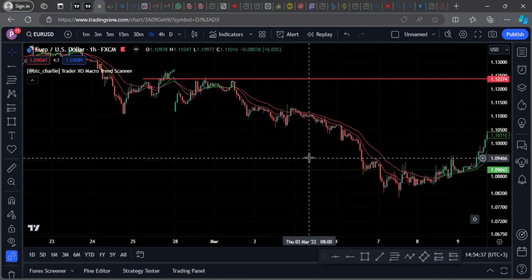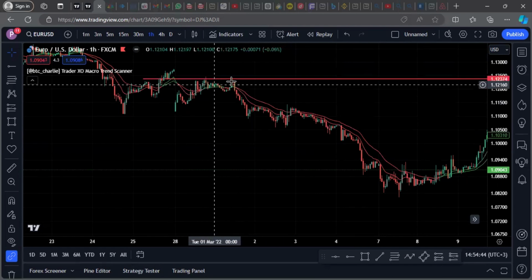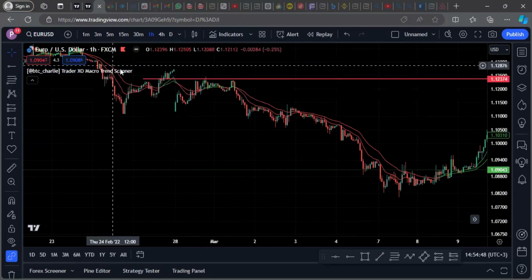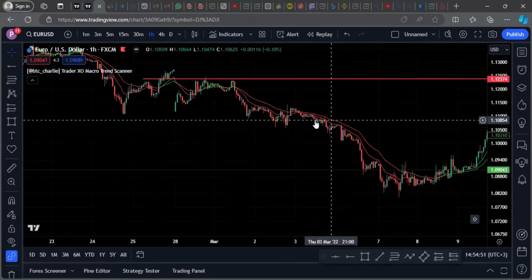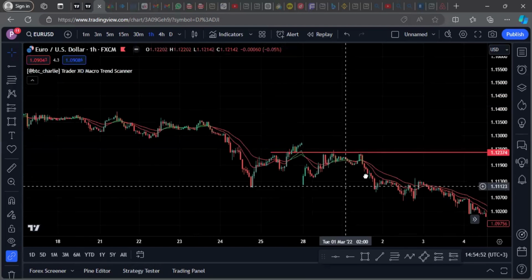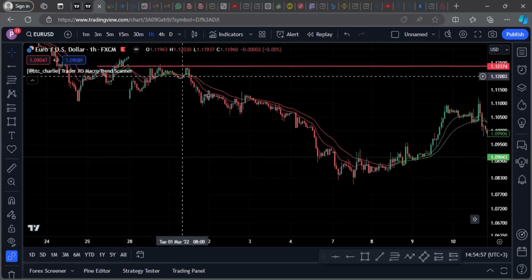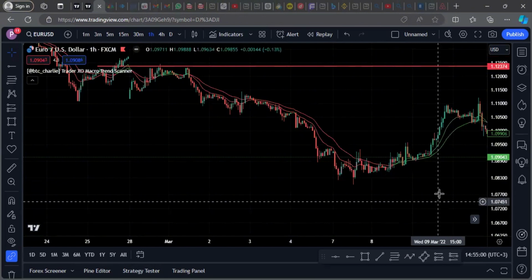Remember that before you take the entries, you have to combine it with other confluences. Like here, see this has been a strong zone that the price faded, and what kind of trend are we having? You can see the price has been moving all the way down. So you can just be looking for those sell entries.